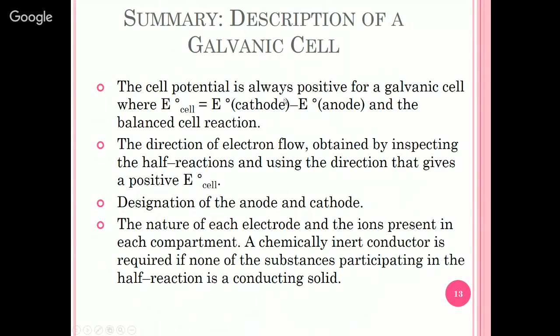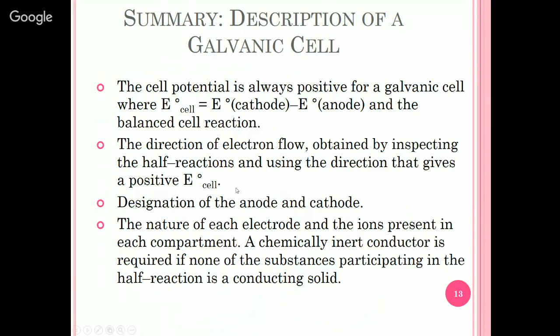So you're adding the negative of the anode. The direction of electron flow is always from the anode to the cathode. And if given the choice, if I say pick 2 things and let's make an electrochemical cell, you're always going to write it in a manner where we get a positive potential. That is what is spontaneous, and that would be a galvanic cell.